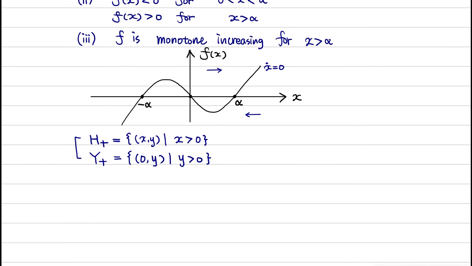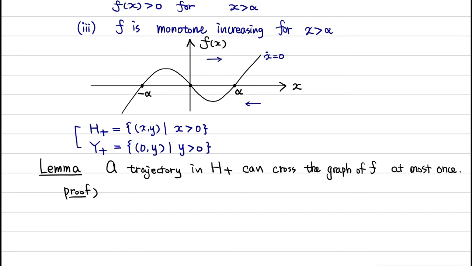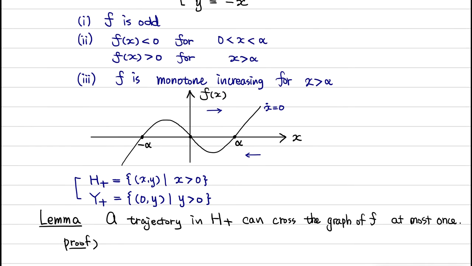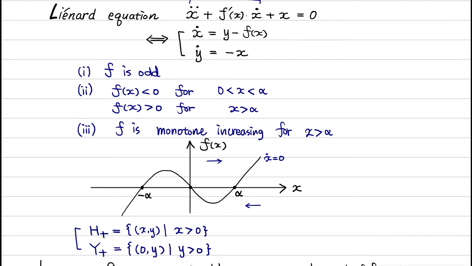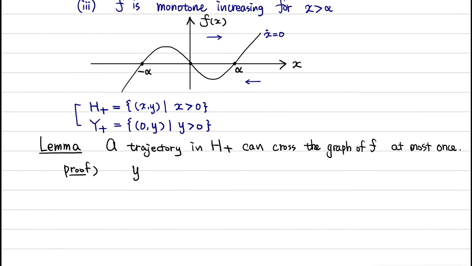And let me first prove that any trajectory in H plus, the right half plane, can intersect this graph, the null line, at most once. Whether it crosses the graph of f or not, you can check by calculating the equation of the graph. The equation of the graph is here, y minus f of x equal to 0. So we will check how this function varies over time.